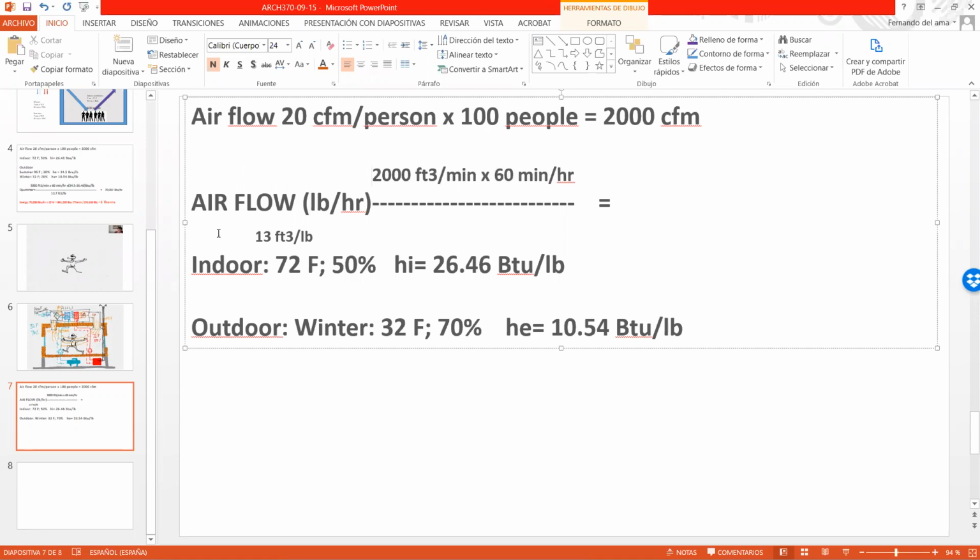So the airflow in pounds per hour is 2,000 times 60 divided by 13. And this is, if I'm not wrong, 9,230 pounds per hour.